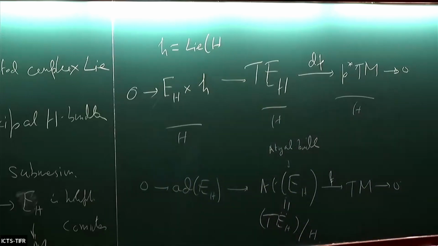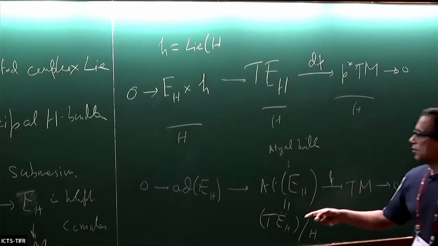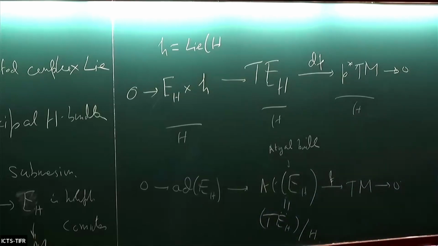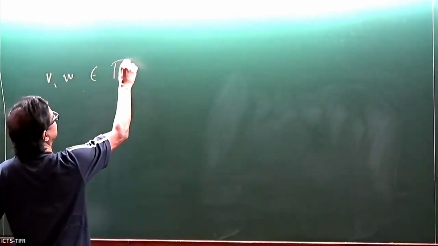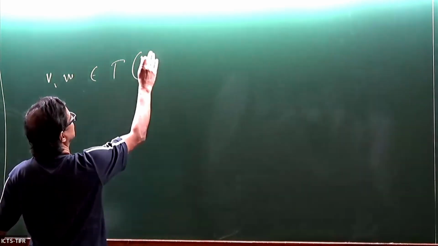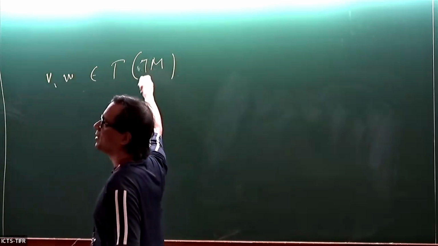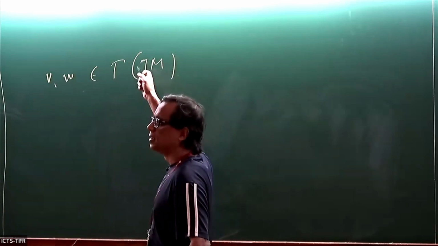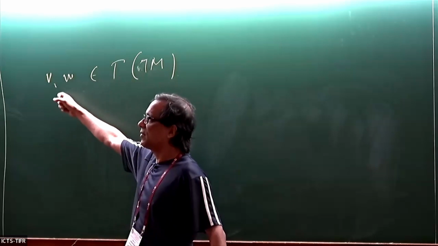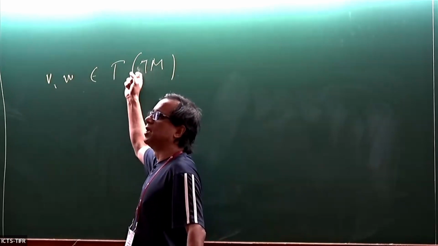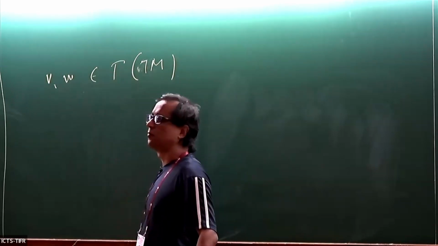So next I said that every term has a Lie algebra structure. So now we have a homomorphism like this. Suppose you have vector fields V and W, sections of T of M, locally defined vector fields. I'm writing T of M, but I'm not demanding a globally defined vector field. Take the sheaf, that means locally defined holomorphic vector fields.